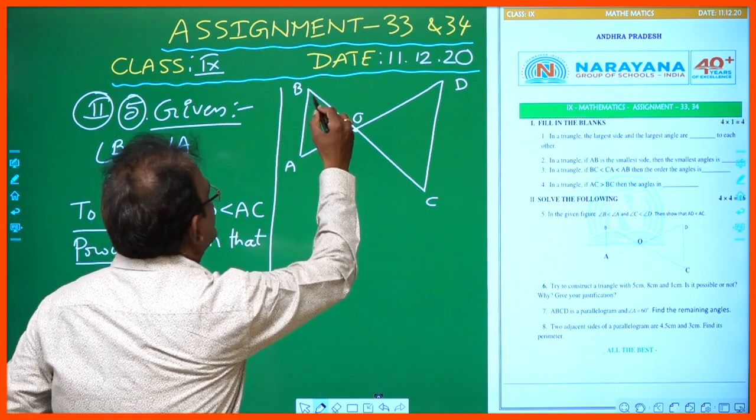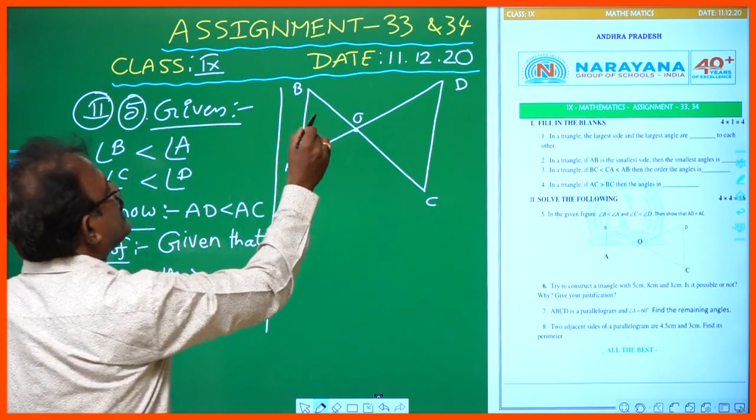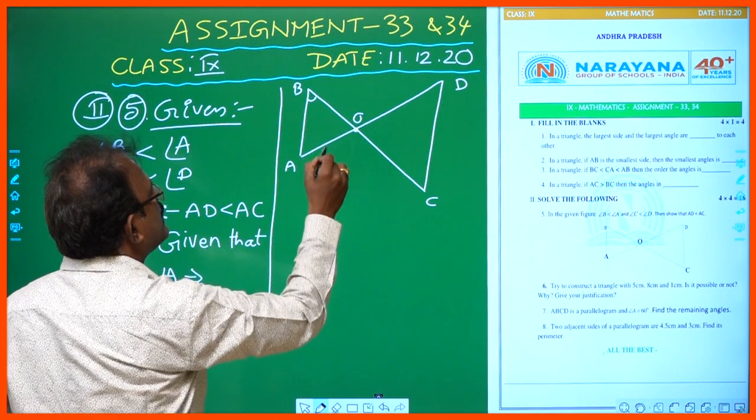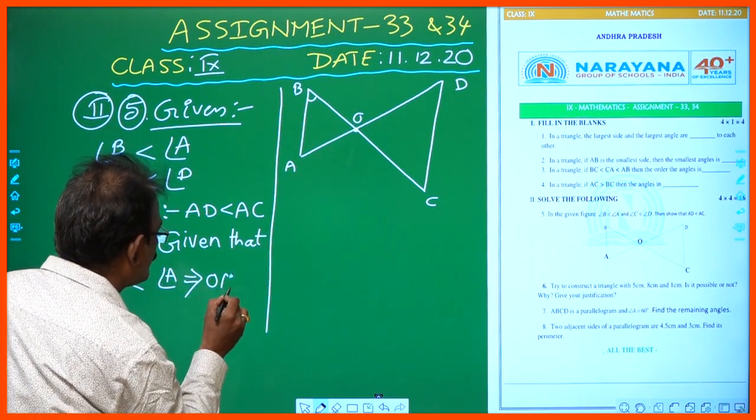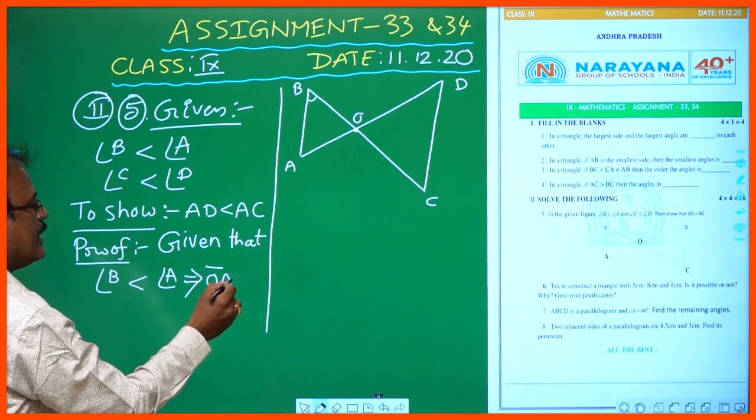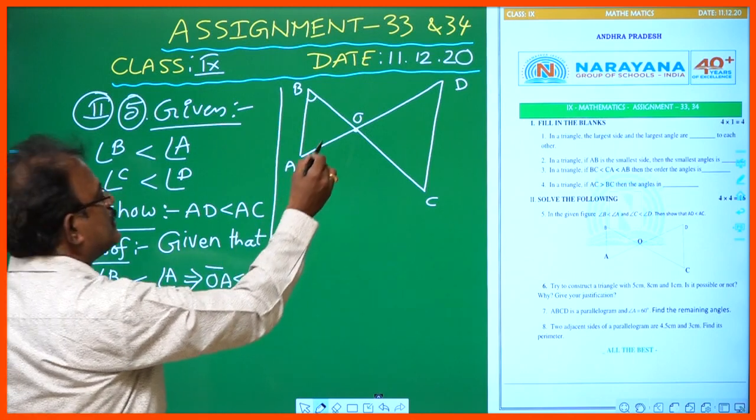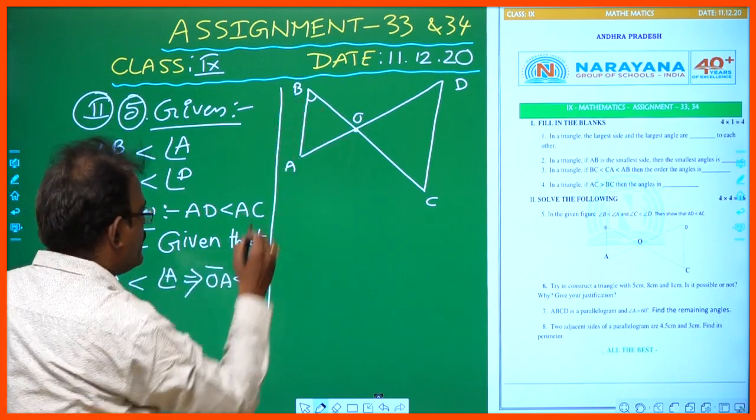In AOB, the side opposite to angle B, OA, is less than the side opposite to A, OB.